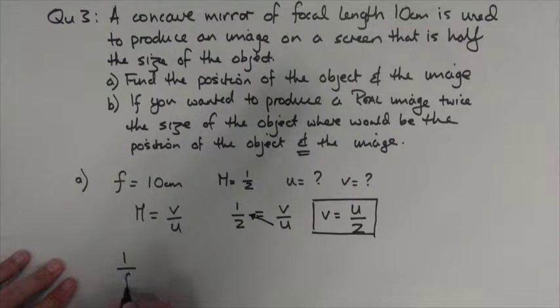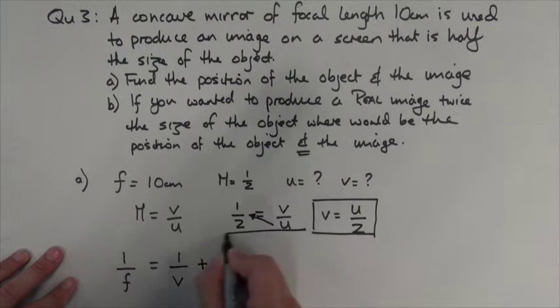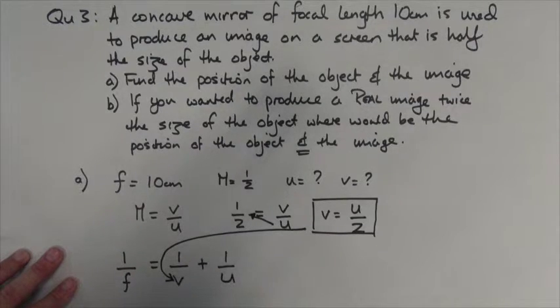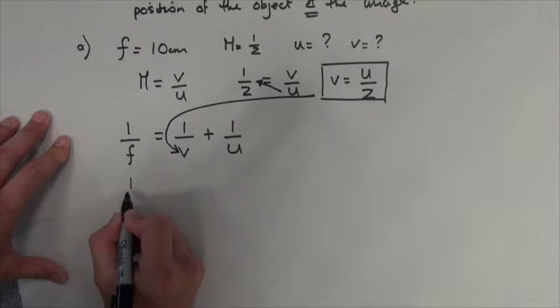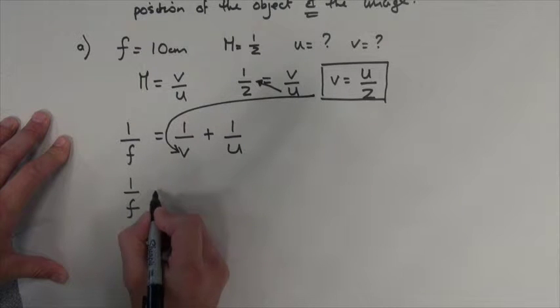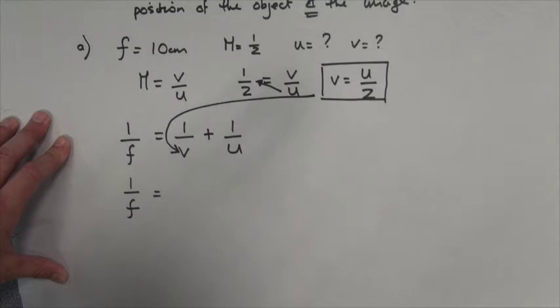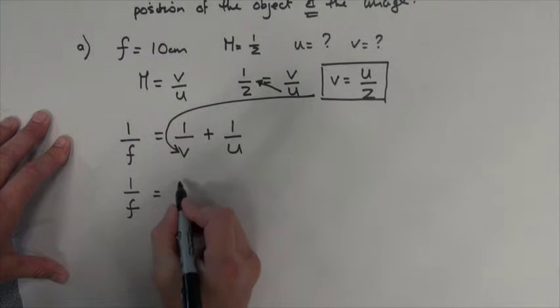Then I'm going to use my inverse rule, which we've got here. But I'm going to substitute in the v that I found earlier so that the whole equation is all about u. So I know f, which is 10 centimeters. But let's just solve the right-hand side first.